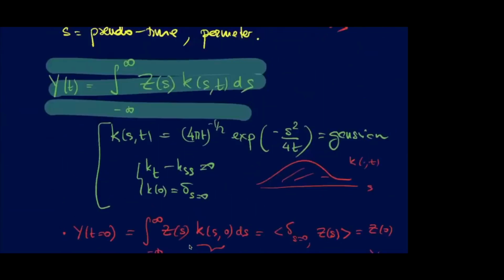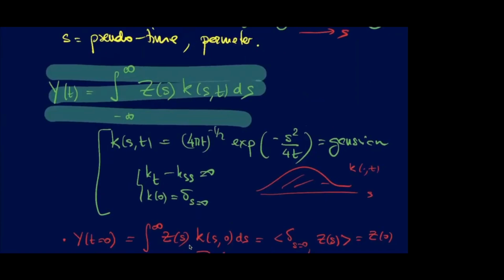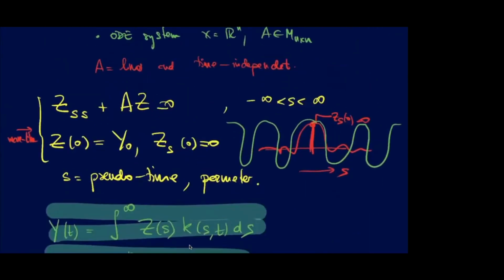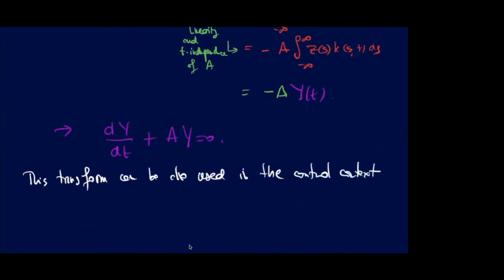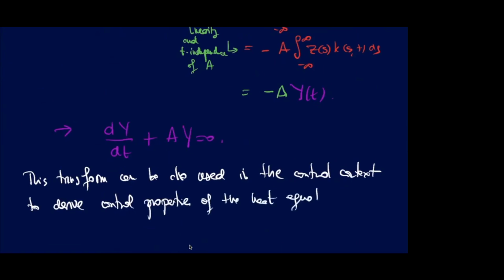I will not get into the details here, but one can, for instance, out of the control of the wave equation, use this transform in the control context to derive control properties of the heat equation out of those of the wave equation.